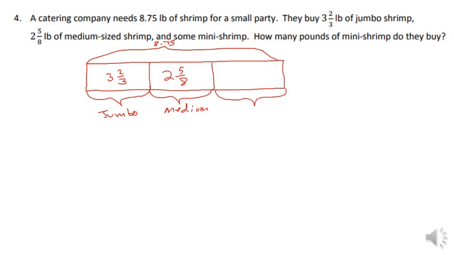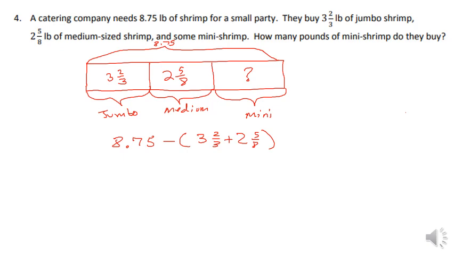And the remaining amount are the mini shrimp. And this is what we're looking for. So in order to solve this, we know we have 8.75, and we're going to subtract the sum of 3 2/3 plus 2 5/8.